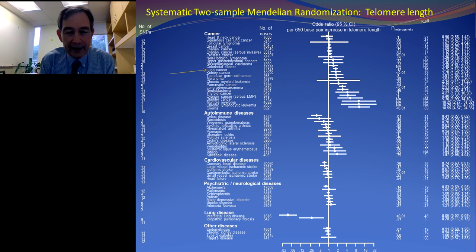On the other hand, for some lung diseases like interstitial lung disease or idiopathic pulmonary fibrosis, having short telomeres is a risk factor. I think the take-home message from this slide is, despite what you might see on TV, don't try to make your telomeres longer, because while it might protect you from cardiovascular disease, it may increase your risk for cancer quite dramatically.